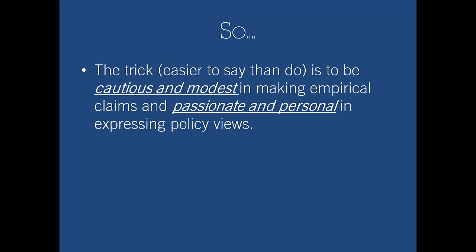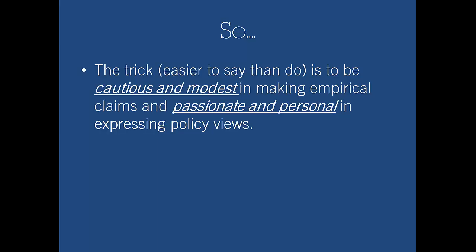So the bottom line, and the trick to advocacy research, although it's easier to say than it is to do, is to be cautious and modest about your empirical claims. So whatever your data is, you have to be cautious and modest about that. However, you need to be passionate and personal in expressing the policy views.